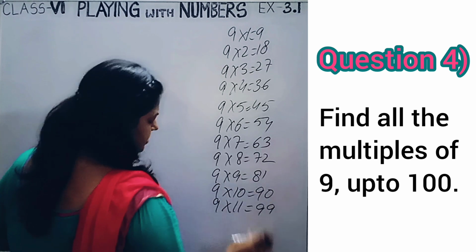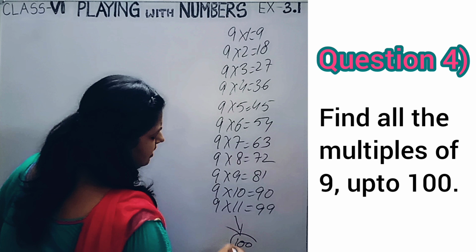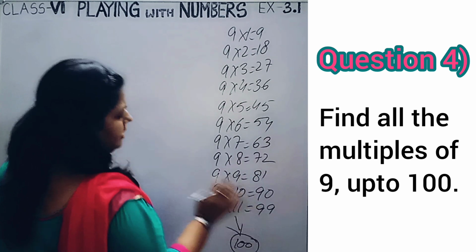If we go to next level, we will cross 100. And in question, we have to write down up to 100 only.